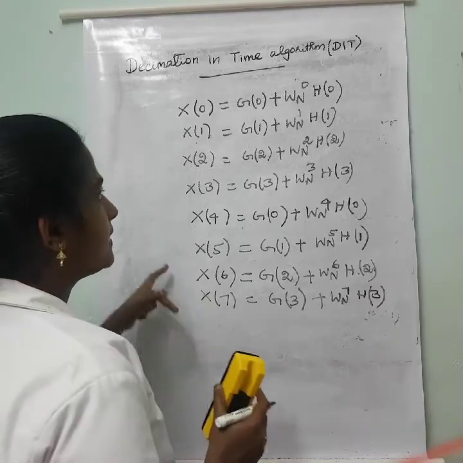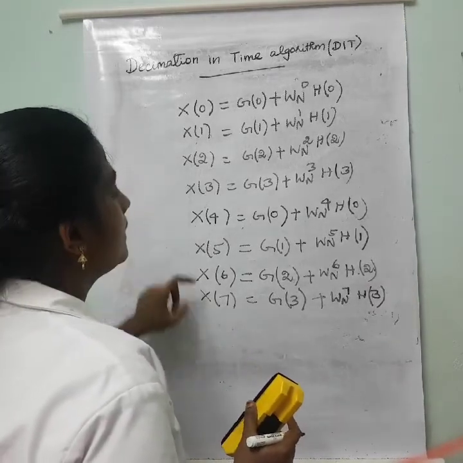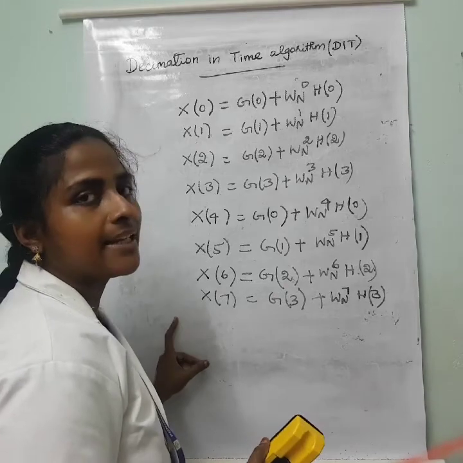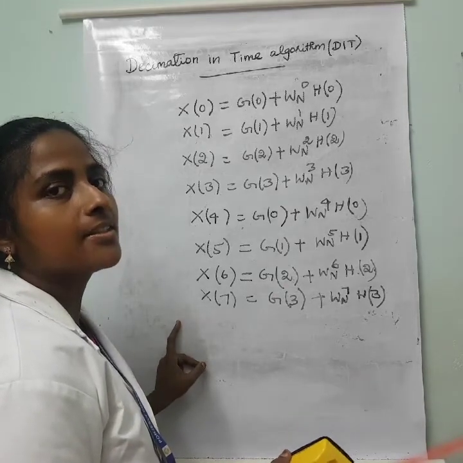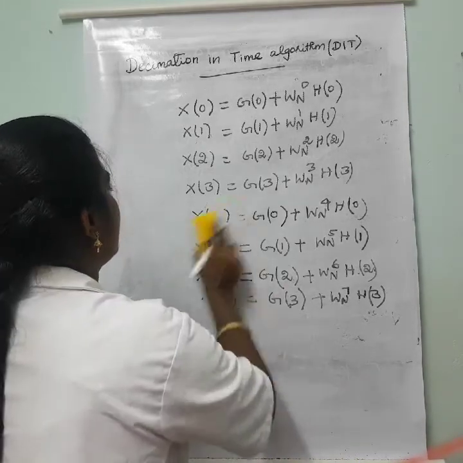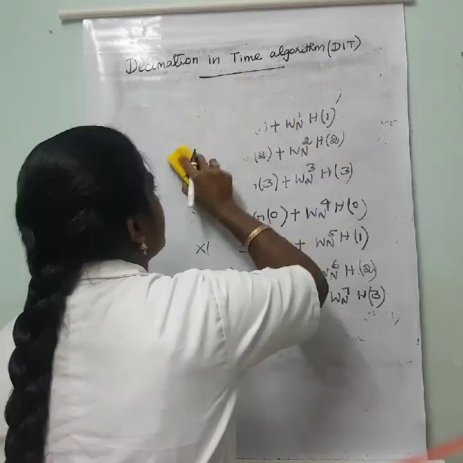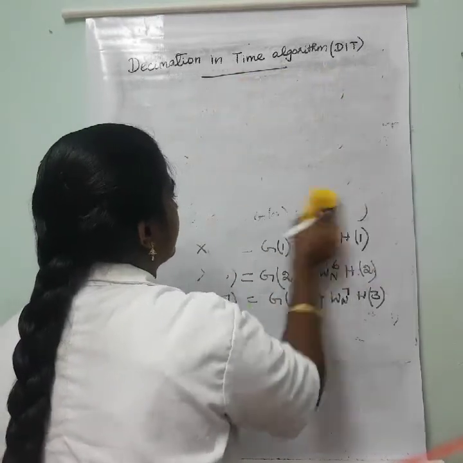So we have derived the formula for x of 0 to x of 7. From this we can draw the first stage of the butterfly diagram.